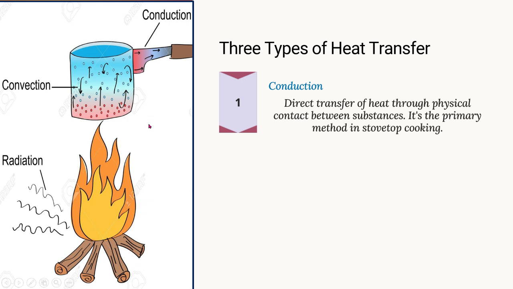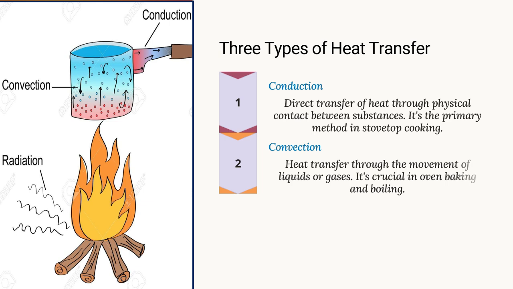Then what is the second one? The second one is convection. What is convection? Convection is heat transfer through the movement of liquids or gases. It's crucial in oven baking and boiling. Now what is happening here? The metal is getting heated. That heat is transferred to the liquid. Now the liquid is also in flow or motion. The heated part of the water goes to the top and the cold part of the water comes down.